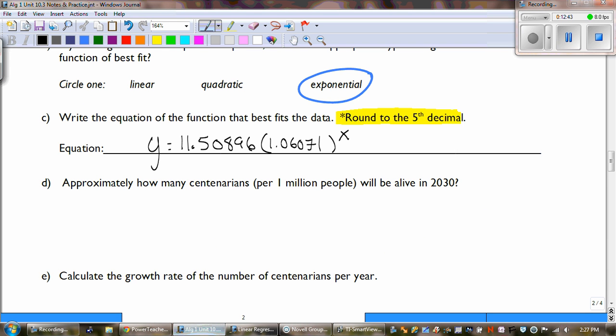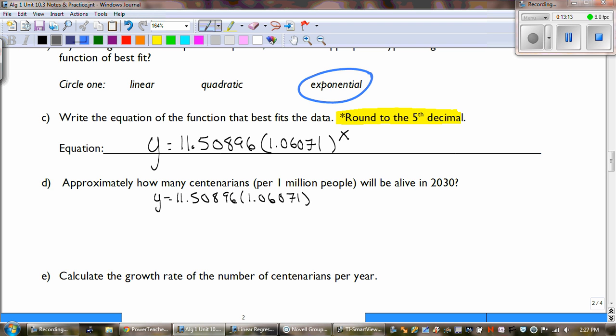All right, so approximately how many centenarians per 1 million people will be alive in the year 2013? So I know that it's asking me for years, so I'm going to have to plug something in for X. But what's that number going to be? Okay. So remember that our graph or our table says it's years since 1950.